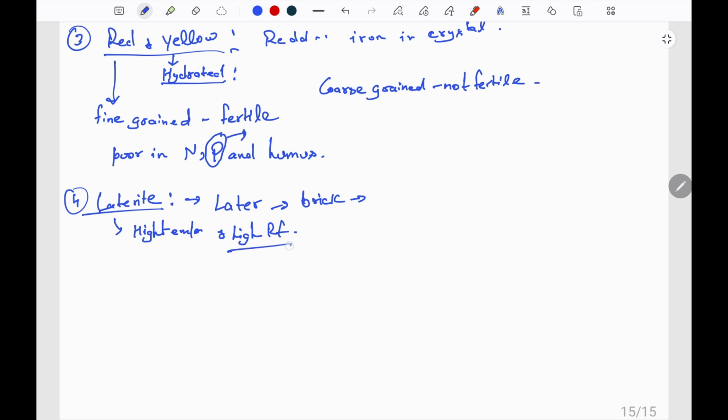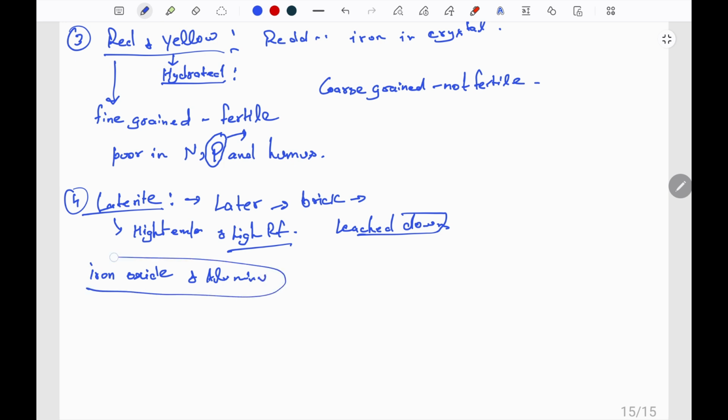In the high rainfall region, the minerals in this soil are leached down. So the compounds left in the soil are iron oxide and aluminium. So it is rich in iron oxide and aluminium. And humus is removed. Why? Because this is in the high temperature region.